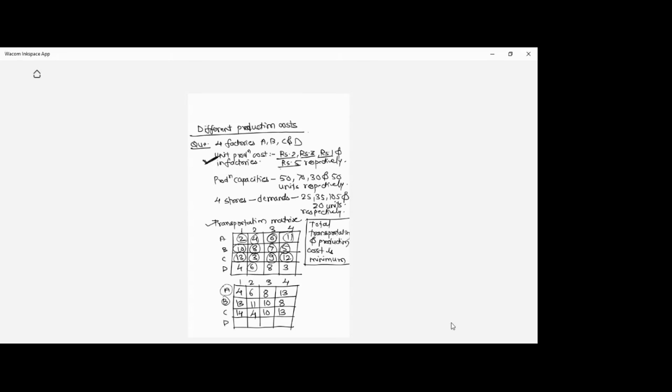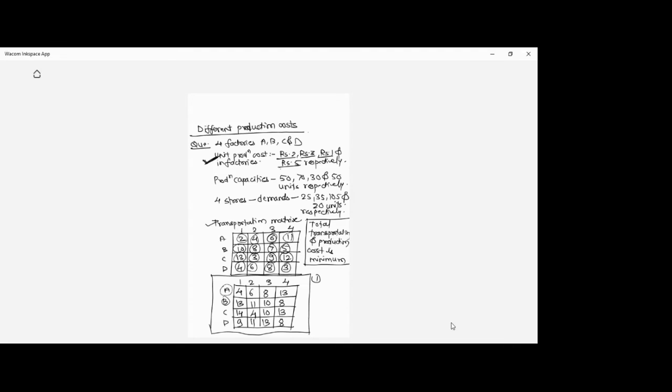And lastly, factory D has the unit production cost of rupees 5, so 5 plus 4 is 9, 5 plus 6 is 11, 8 plus 5 is 13, and 5 plus 3 is 8. Now this is the new matrix, and we are going to work on it to find the optimal or minimized production and transportation cost.